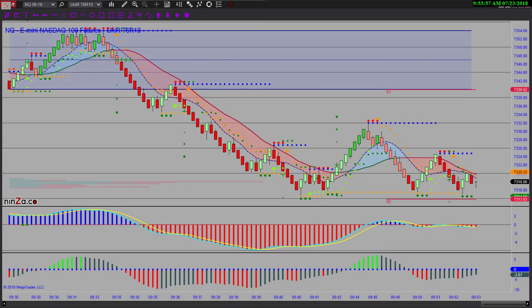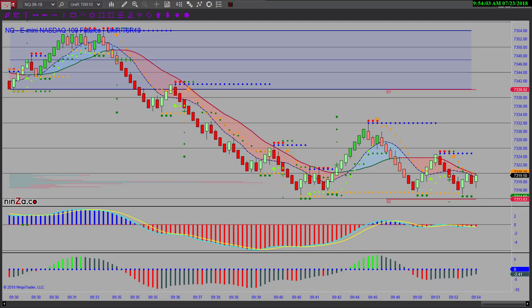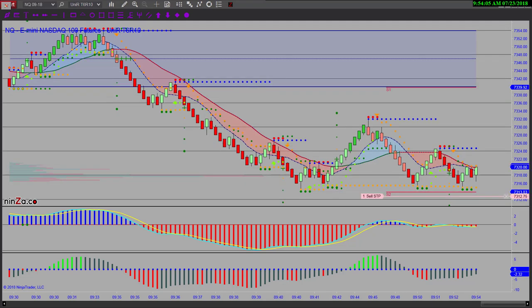Well, if it breaks below, order pending. If it breaks below S1 on this go round, we'll probably get a nice sell-off, but I'm thinking it's not going to do that. It's going to rally here enough for me to probably pull the plug if we get a close above 73.23, 73.24. I'm going to cancel the trade.